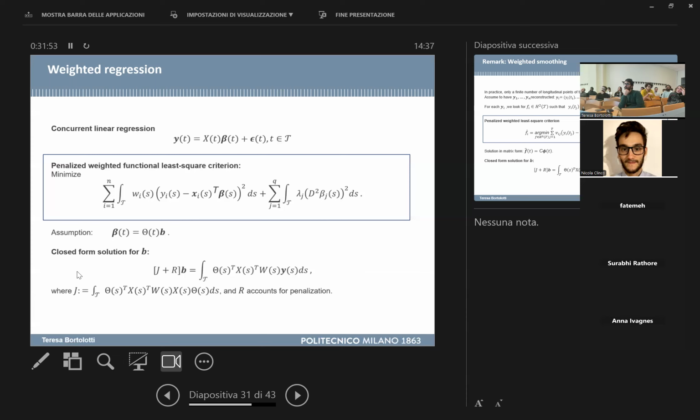And we redefine the closed form solution for b by accounting for the weights that we introduce. This is a matrix that depends on s and that contains the weights observation for observation. The weight matrix appears here and here. Again, this looks very, very similar to the classical linear regression.